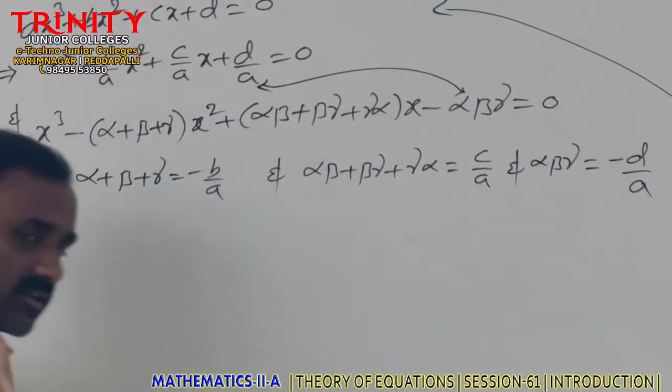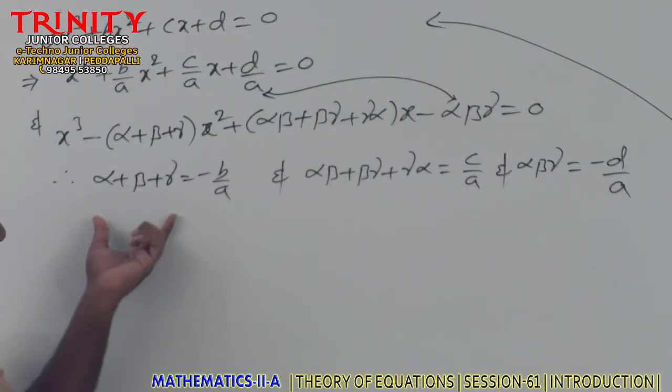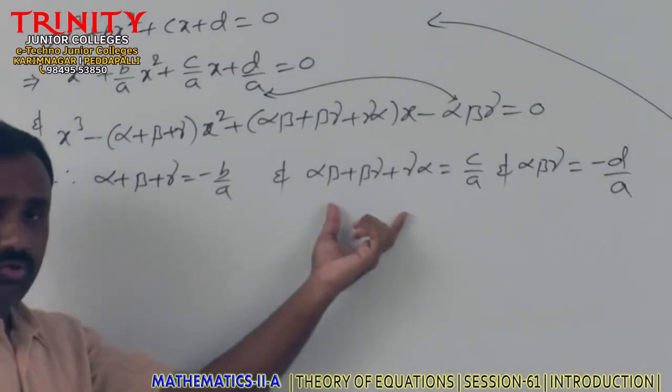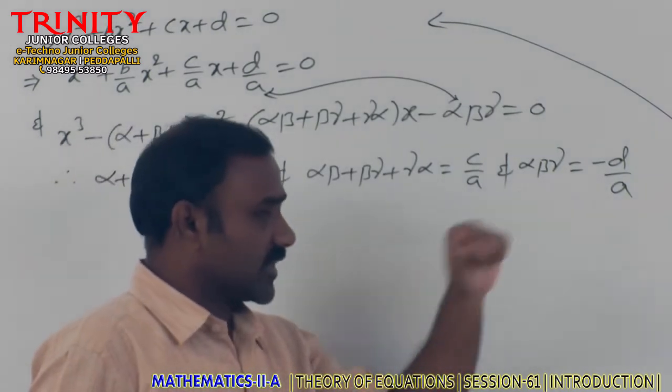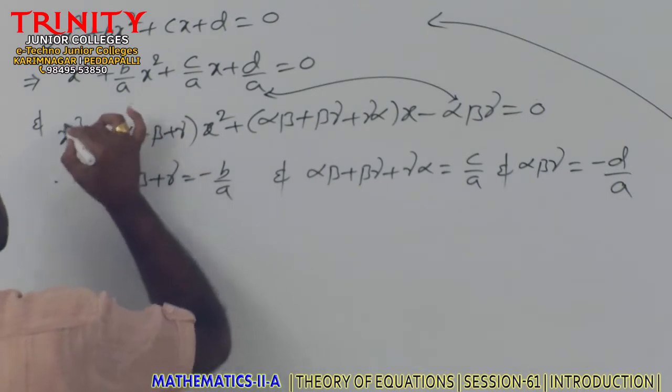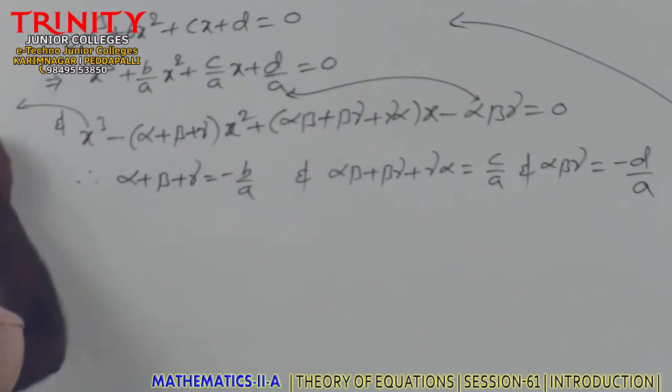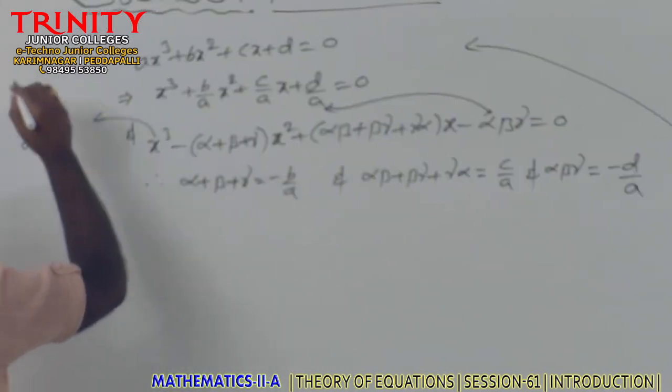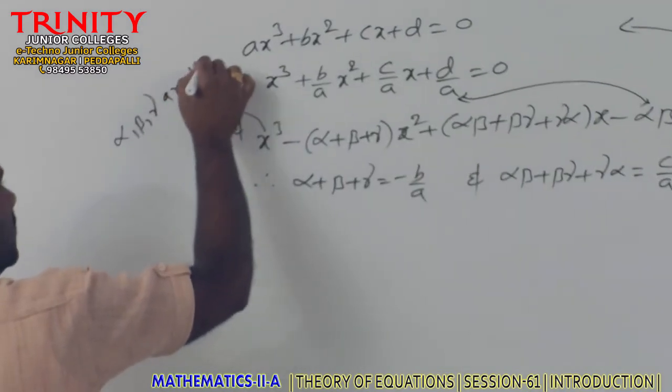This is the product of the roots. Sum of the roots, sum of products of two roots, and product of the three roots. This is the equation formed using alpha, beta, gamma as the roots.